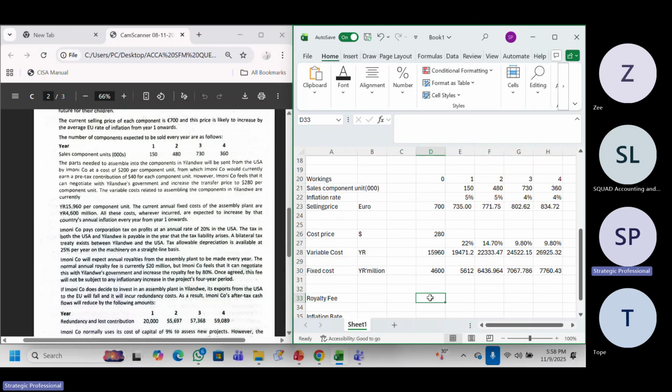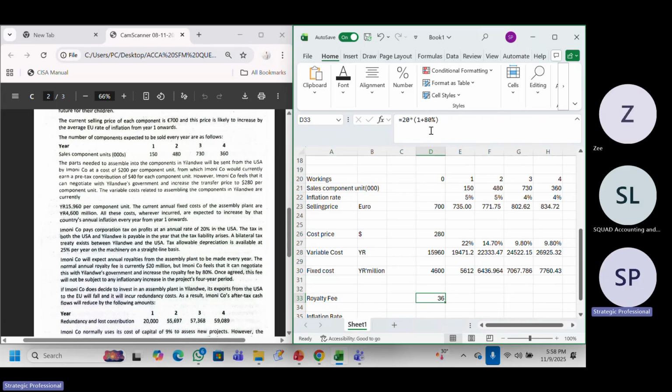Now, if they want to increase it by 80%, that means 20 multiplied by 1 plus 80%. That's 36, right? This is 36.